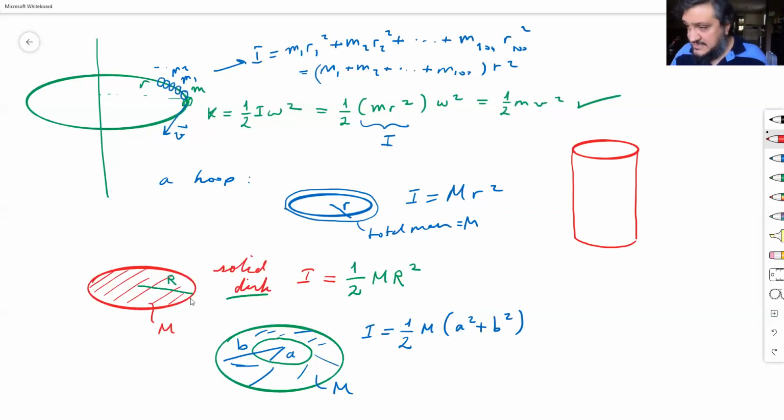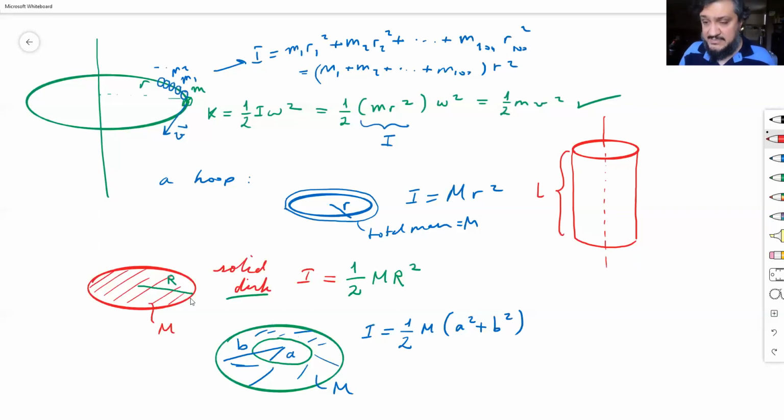So this now has a depth. Let's call it L, and the rotation axis is here. These moments of inertia are always with respect to an axis that goes through the object. If I don't tell you where the axis is, you cannot tell me which I to use.